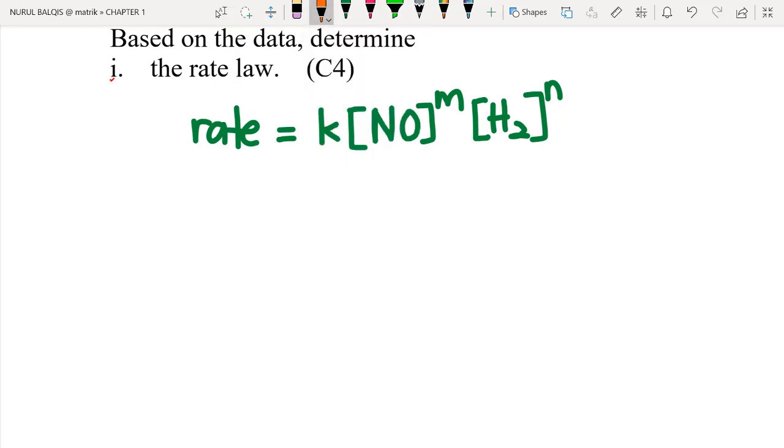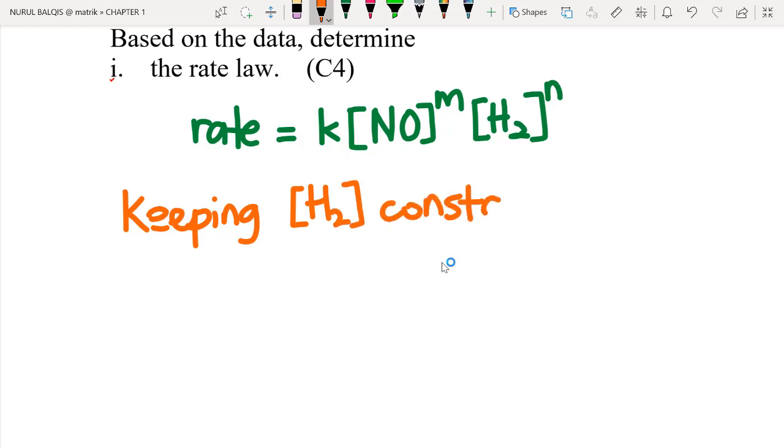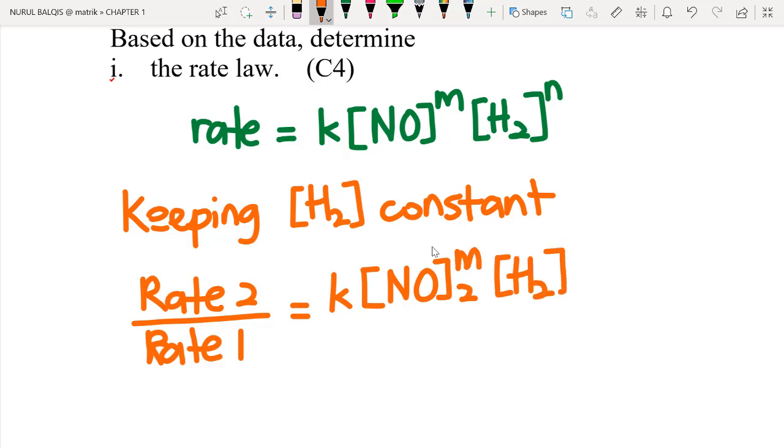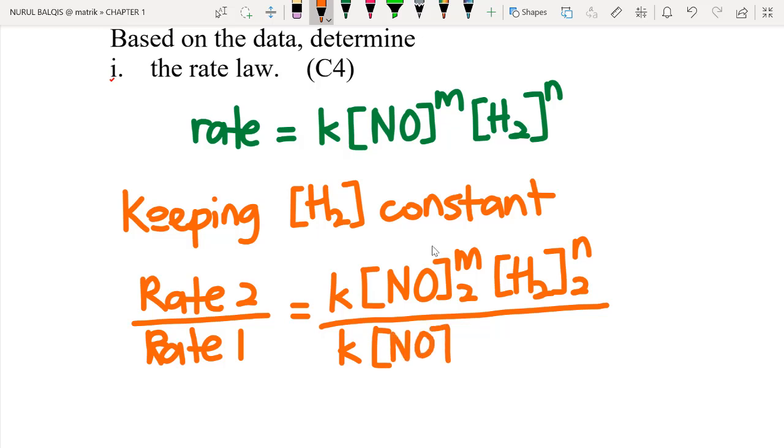So now, by keeping the concentration of H2 constant, we're going to get rate 2 over rate 1 is equal to K, NO with respect to the second experiment raised to the power of m, and also H2 to the power of n with respect to the second experiment, divided by K, NO for experiment 1, again to the power of m, and also hydrogen with respect to experiment 1.